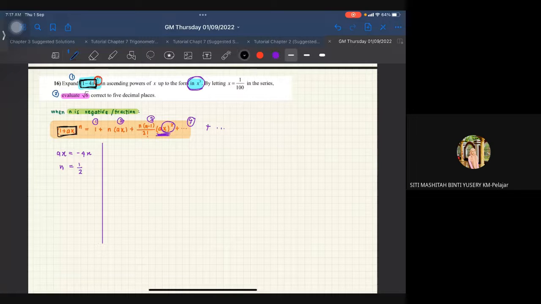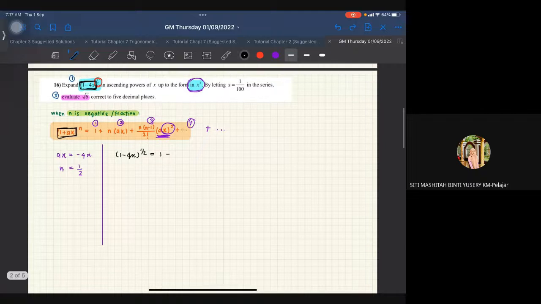Bahagian pertama diminta kita expand. So tulis yang saya highlight warna biru tu as your subject. So you have 1 minus 4x power of 1/2, which is equal to, dia akan start dengan 1. Tak kisahlah apa pun dia punya expression yang dalam bentuk general tu, dia mesti akan start dengan 1.